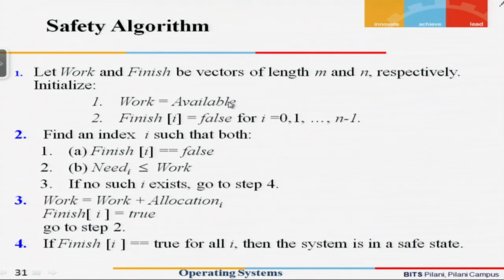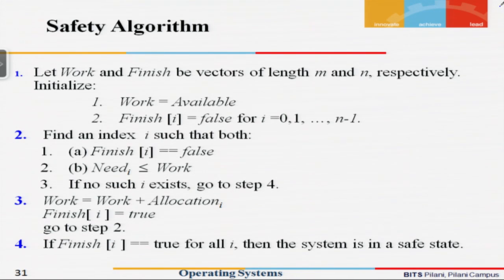Please remember that in the previous slide we said that available is a vector which defines the number of instances of each available resource in the system.